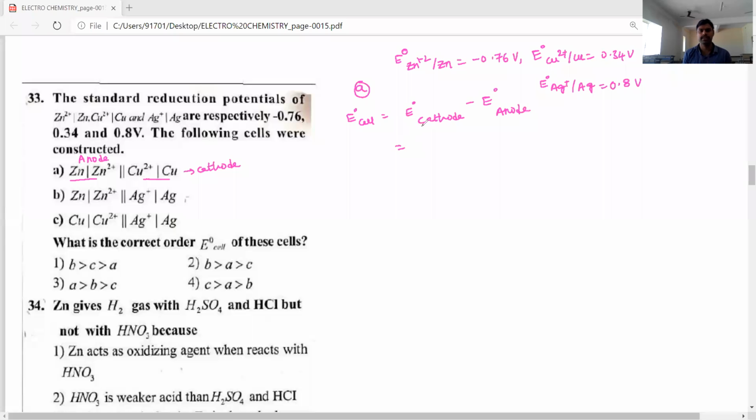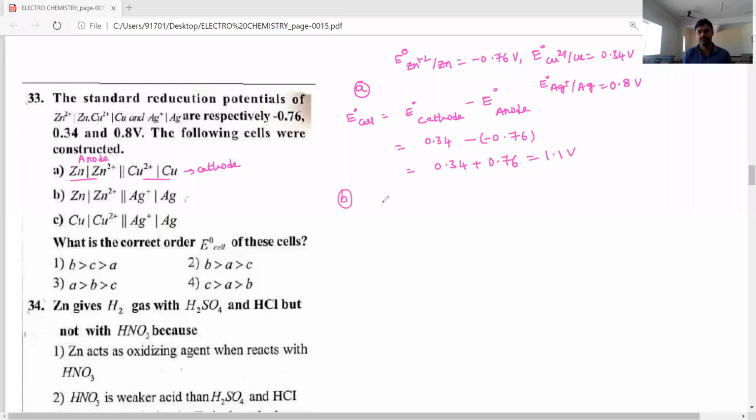The cathode is Cu2+/Cu, 0.34, minus the anode, zinc, minus of minus 0.76 volts. Minus of minus is plus, so 0.34 plus 0.76 is equal to 1.1 volts. This is the first one.